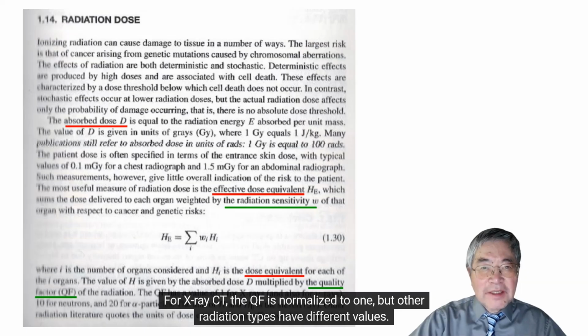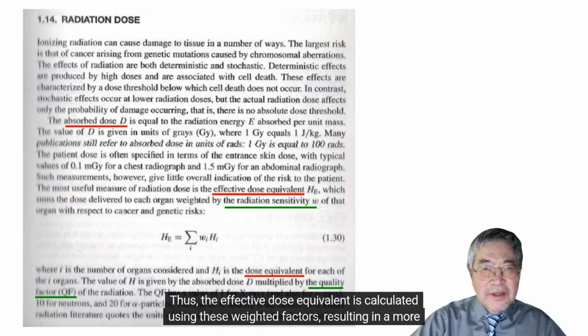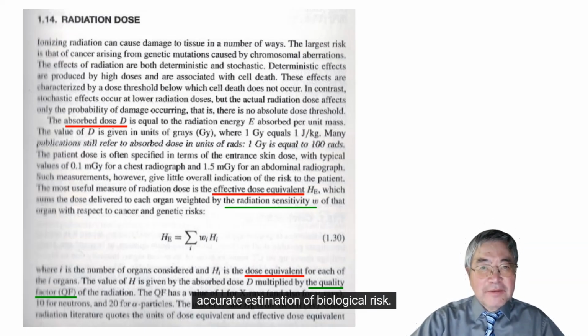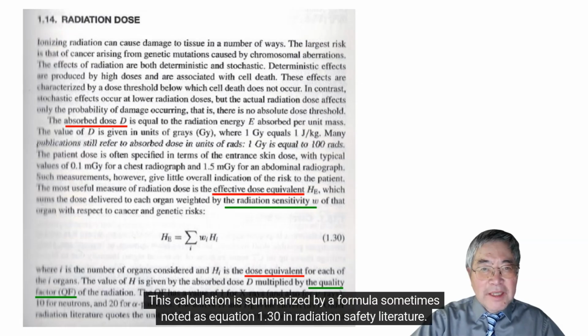For X-ray CT, the QF is normalized to 1, but other radiation types have different values. Thus, the effective dose equivalent is calculated using these weighted factors, resulting in a more accurate estimation of biological risk. This calculation is summarized by a formula sometimes noted as equation 1.30 in radiation safety literature.